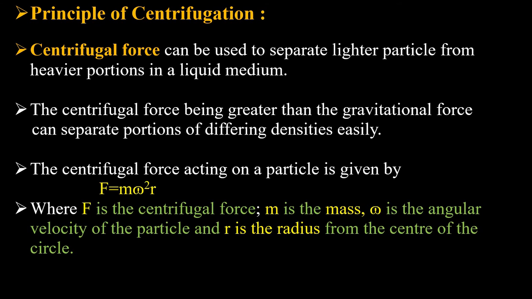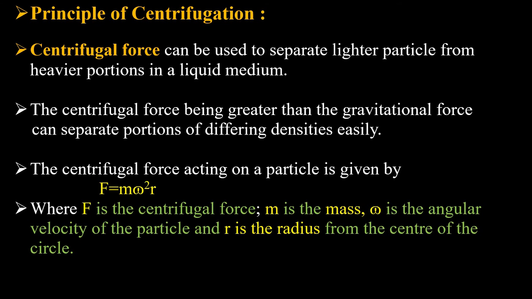Centrifugal force can be used to separate lighter particles from heavier portions in a liquid medium. The centrifugal force being greater than the gravitational force can separate portions of differing densities easily.